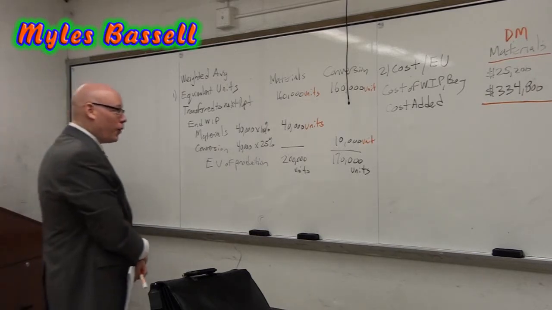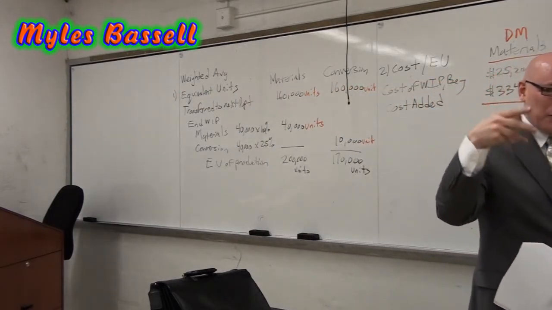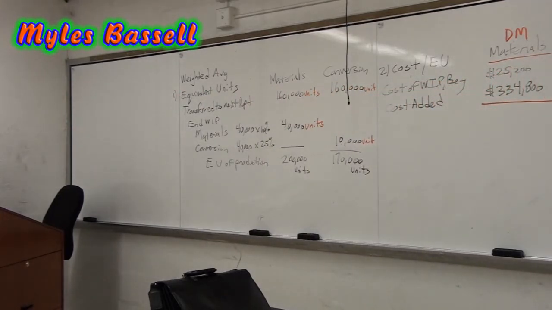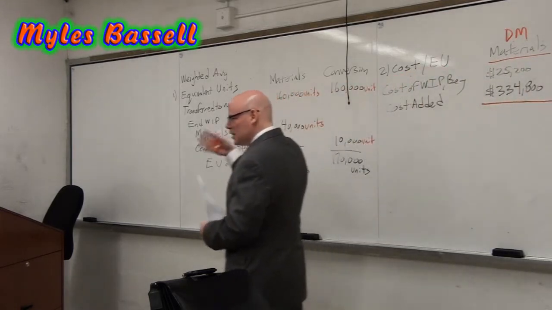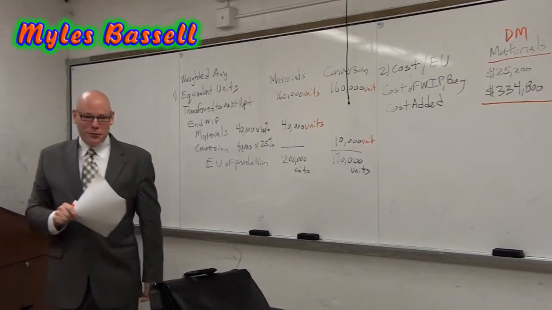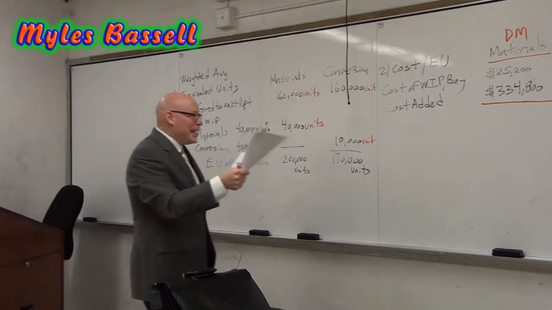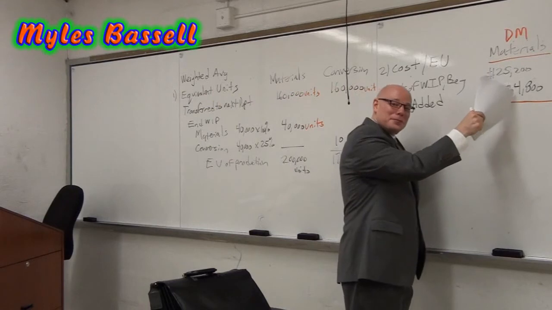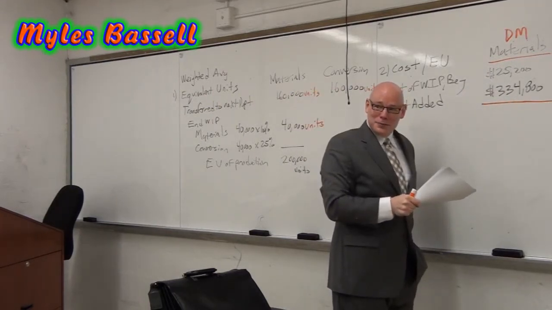Because what I want is for you to be able to intuitively understand the application. What is this really about? I need to know that you know what this is. Go ahead, tell us. Raw materials.